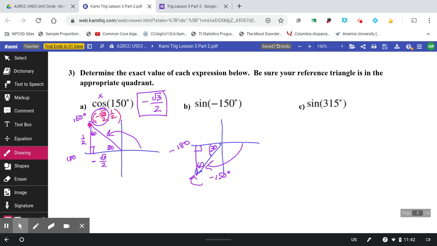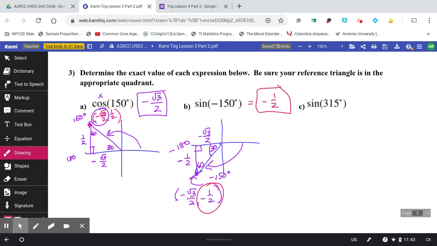Across from my 30-degree is 1/2, but in this quadrant, it's negative. And across from the 60 is negative radical 3/2. Again, it's negative here. And the sine is the y. So when I look at this coordinate, I get negative radical 3/2, negative 1/2. So then my final answer, since it's the y value, is going to be negative 1/2.